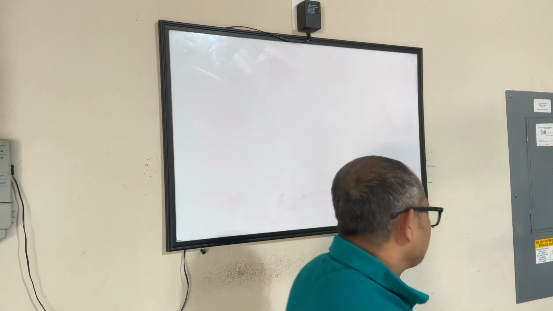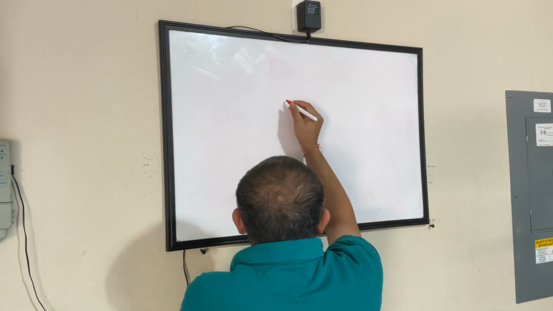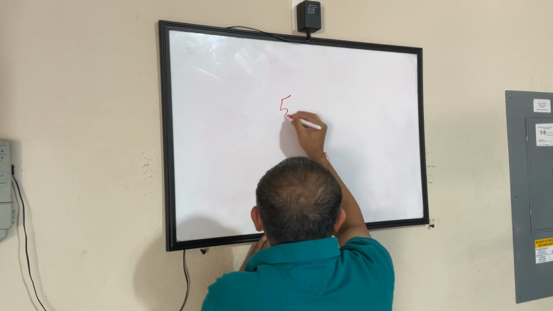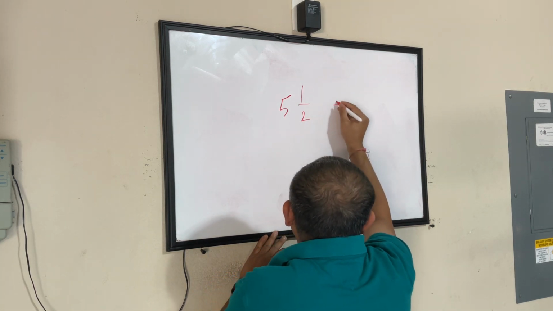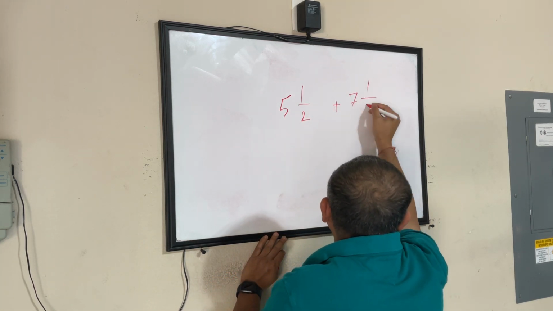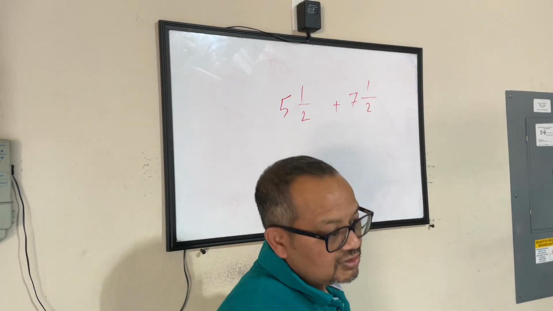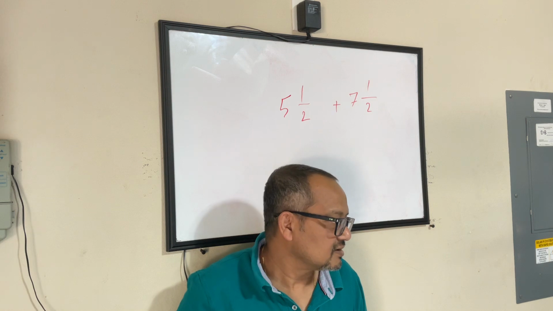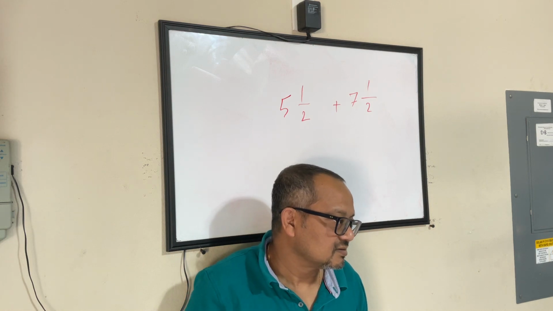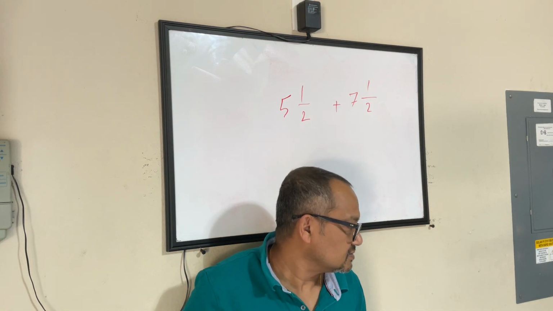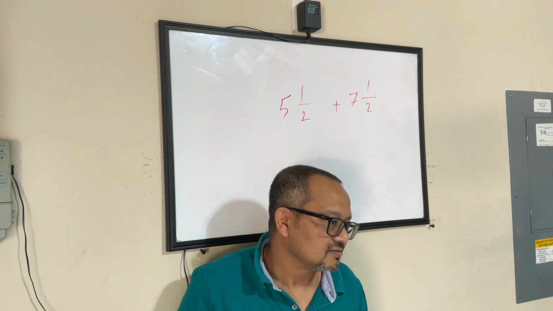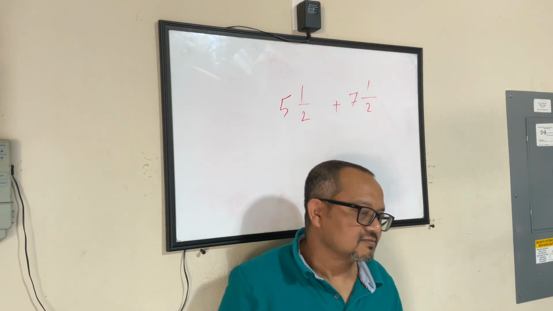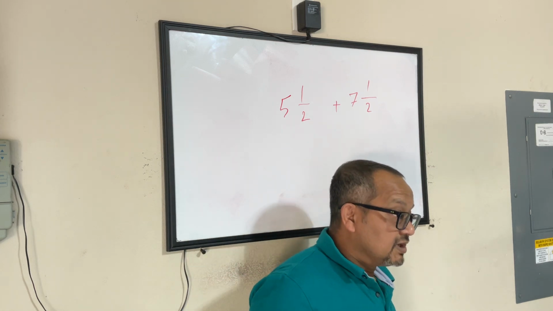Okay, if I say 5 1 by 2 plus 7 1 by 2, who all can give me the answer without calculating? Yeah, Aditi. 11 1 by 2.